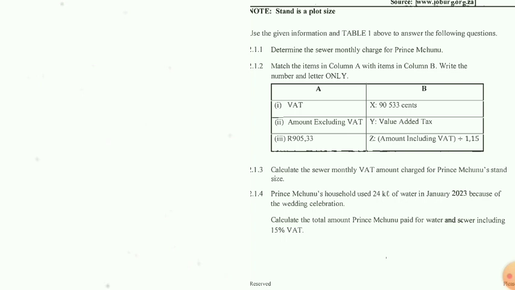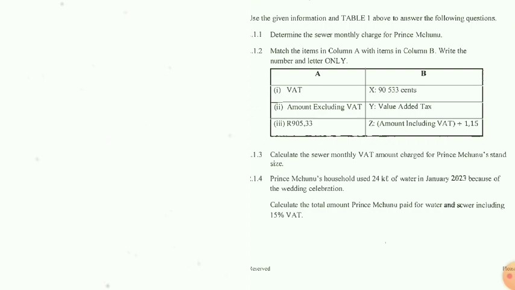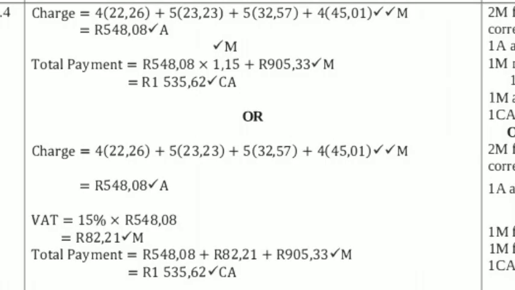I'm gonna start with a shortcut, guys. You're gonna say 548,08 multiplied by 1,15. Remember, the 1,15 is 115%. Then you say equals to, then you will get 1,15 plus 905,33. Where did we suddenly get the 905,33?